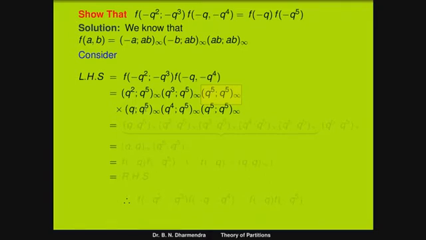Always the base is the same. On that base, it can be written as (q; q)∞. Using these bases, it can be written with terms up to that power, q to the power of 5.